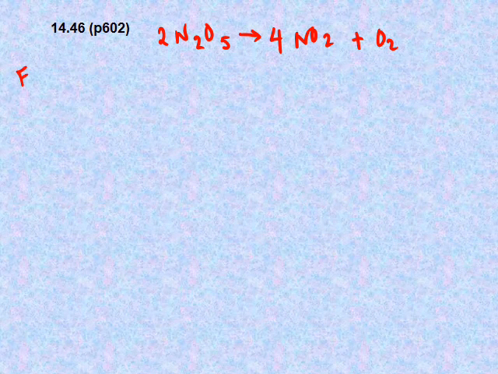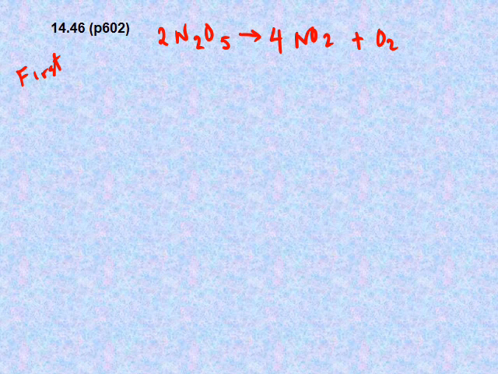I always write down the given information so that I can think better. It's a first order reaction, and the rate constant is also given. I'm going to use the symbol used for rate constant, that's small k, 6.82 times 10 to the negative 3.